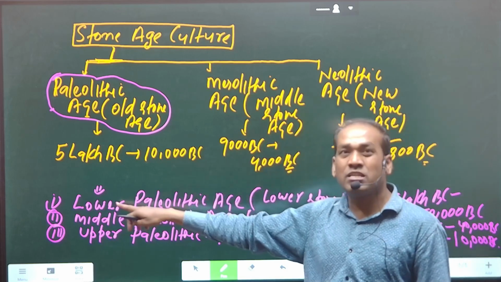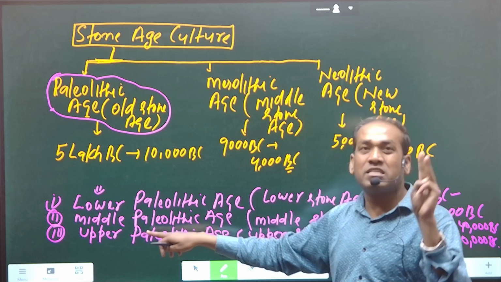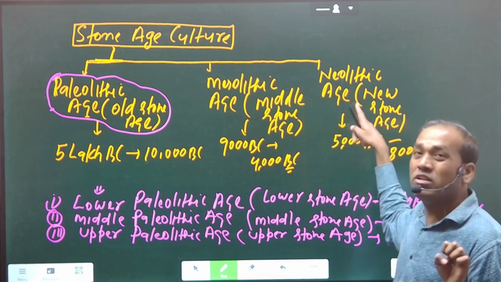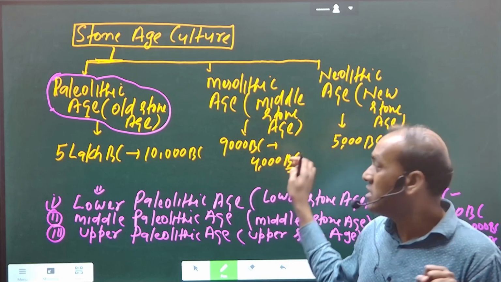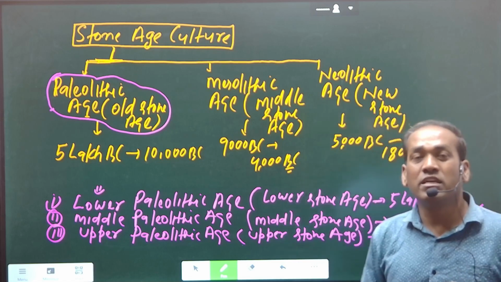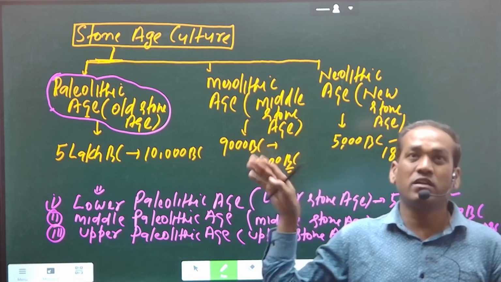Lower Paleolithic age 1, middle Paleolithic age 2, upper Paleolithic age 3, and then Mesolithic age 4, and then Neolithic age 5. So you have to cover these 5 topics in Stone Age culture. Only then you can say that Stone Age culture has been completed.